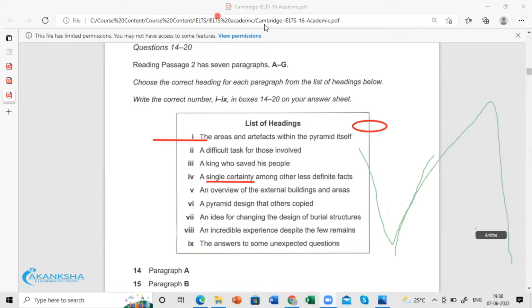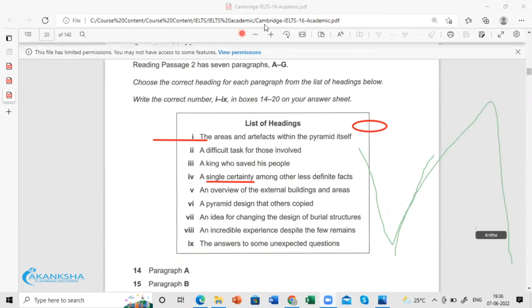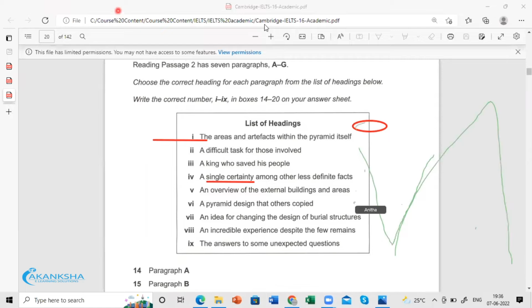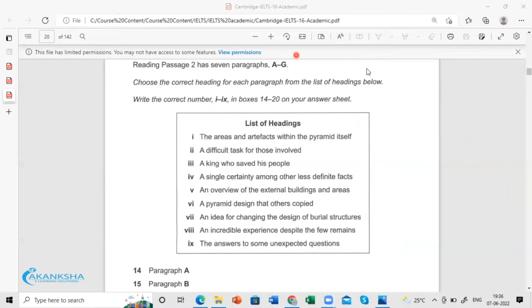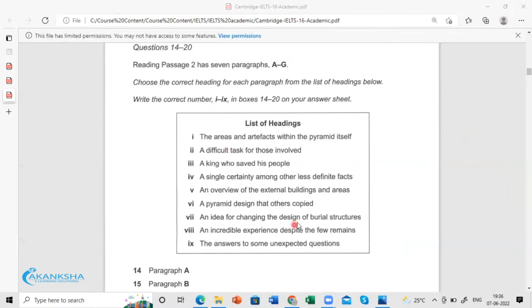Whether they copied it or not is not discussed. This is something important for us to understand. So even the sixth one is not matched.